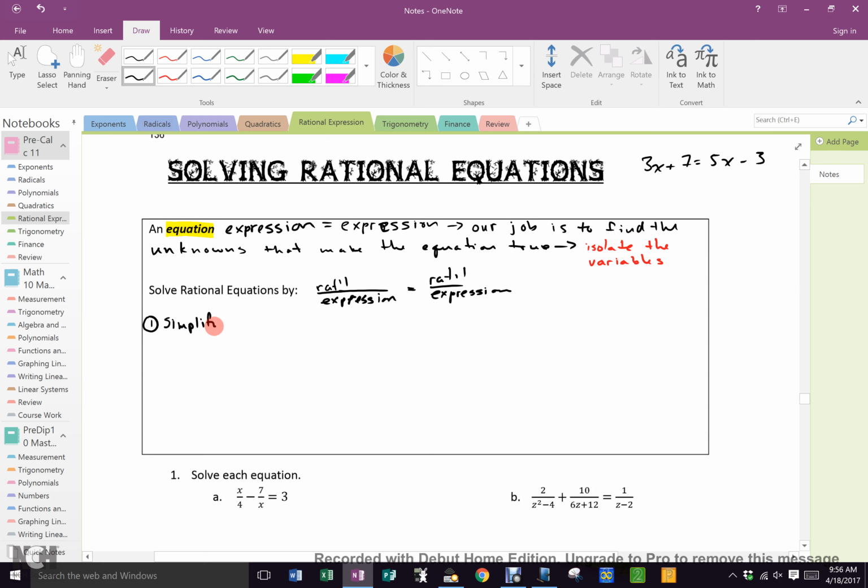You should always simplify. Now, I remind you again that for grade 11, this is usually factoring and canceling.